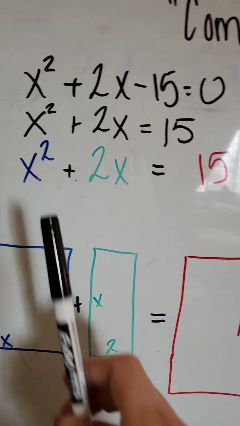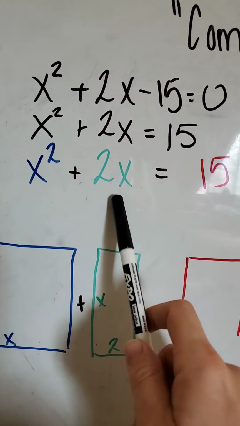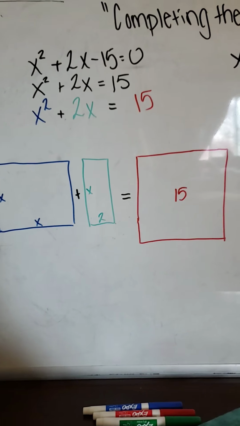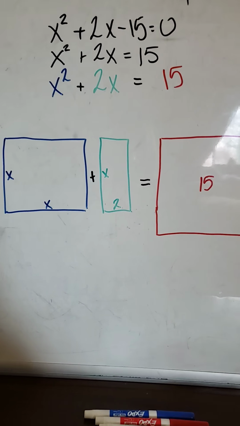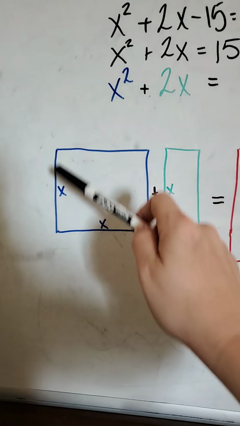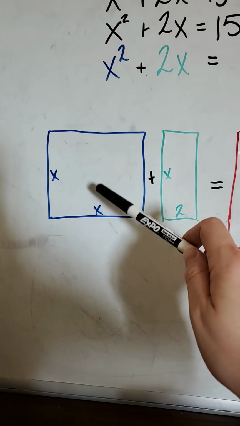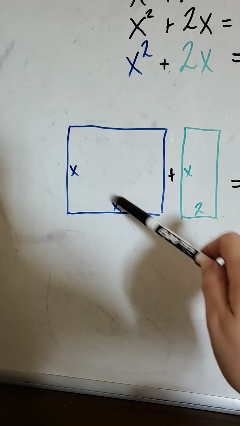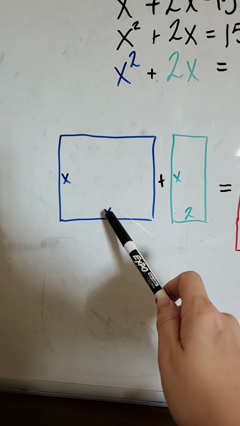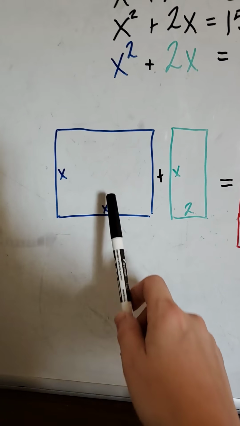Now I'm going to color these things as x squared, 2x, and 15. You can see I have a geometric representation of those values. The area of this box of side length x and side length x is x squared. The area of a square is side times side, or side squared.